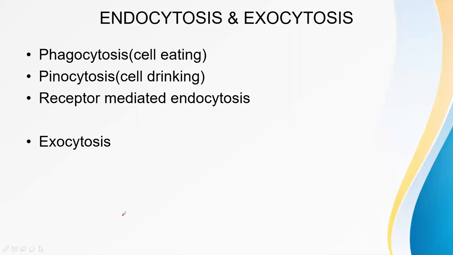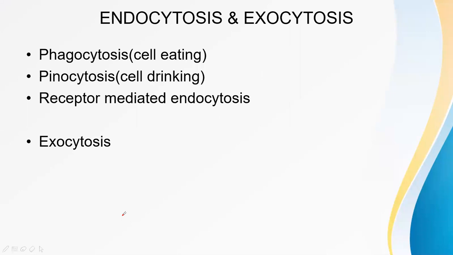Endocytosis is the taking of large molecules into the cytoplasm. Endocytosis only occurs when the size of the molecules is quite big, meaning only these larger molecules enter in the process of endocytosis.